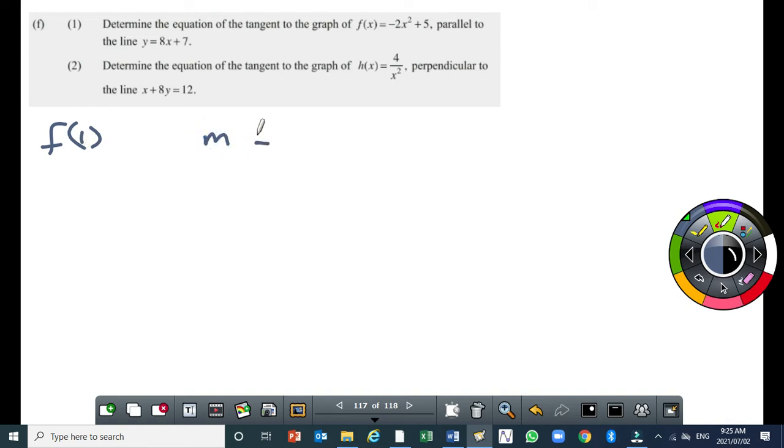The gradient of the tangent will be the gradient of this line here. Why? Because it's a straight line. The reason is because the tangent and the line are parallel. Therefore, their gradient is the same.